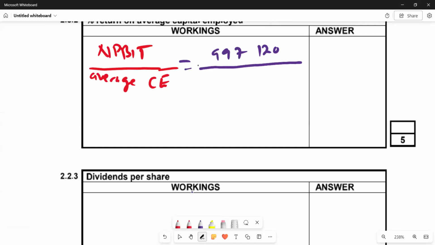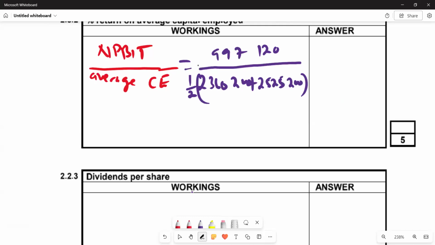Then for opening plus closing capital employed, opening we got 2,360,200, and then we add the closing, which is 2,525,200. And then the total that we get there, we divide by 2, so we're saying half. And then we are going to get the amount.